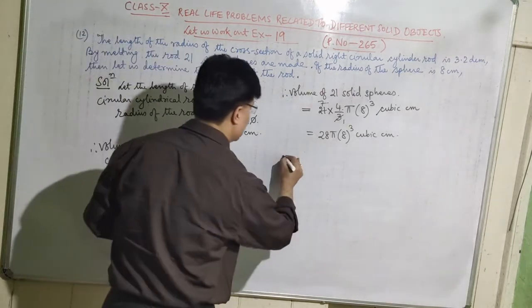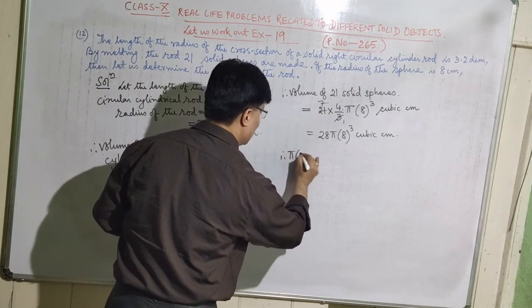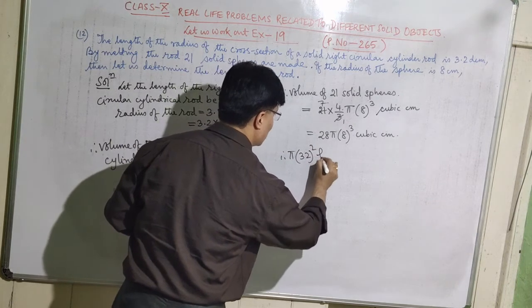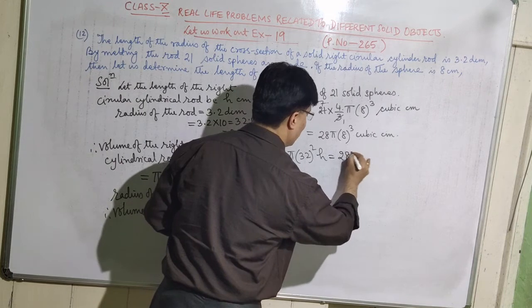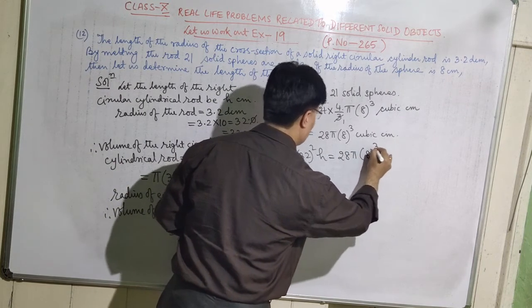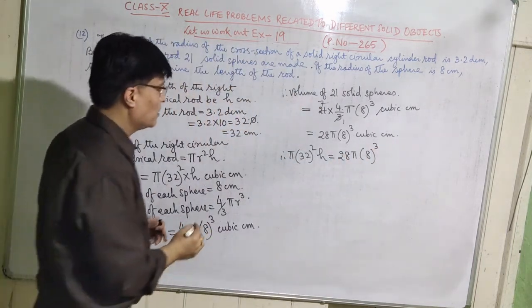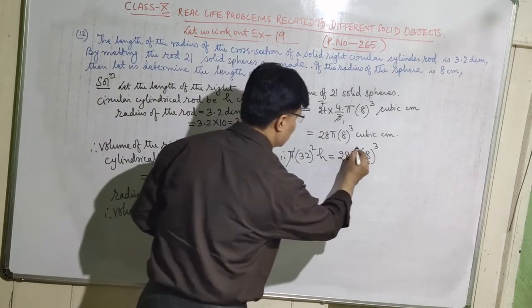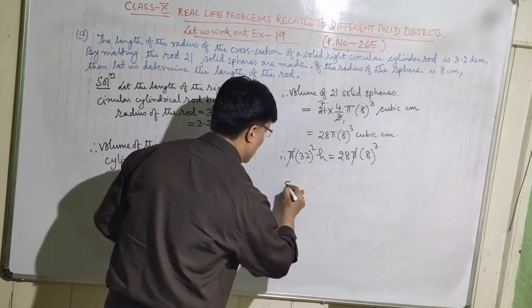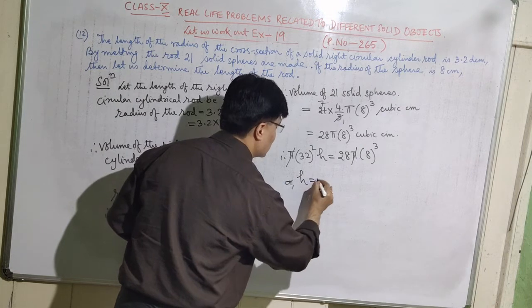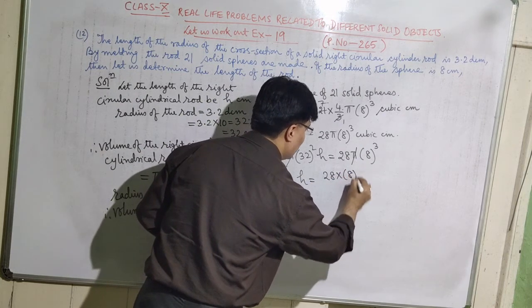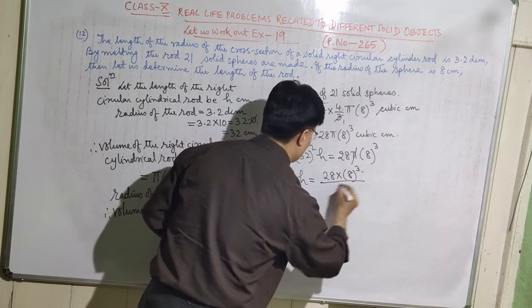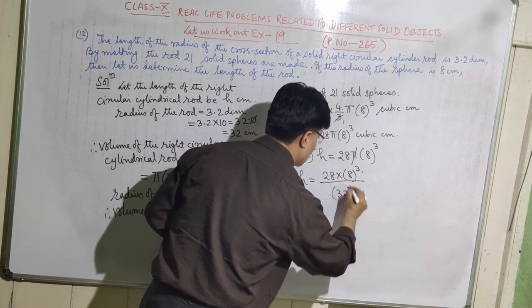So therefore we can write here, pi 32 whole square into h is equal to this, 28 pi, and this is your 8 whole cube. From both the sides you can cancel this pi, or h is equal to 28 into 8 whole cube divided by 32 whole square.